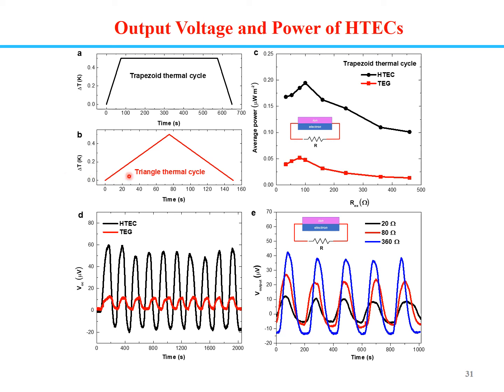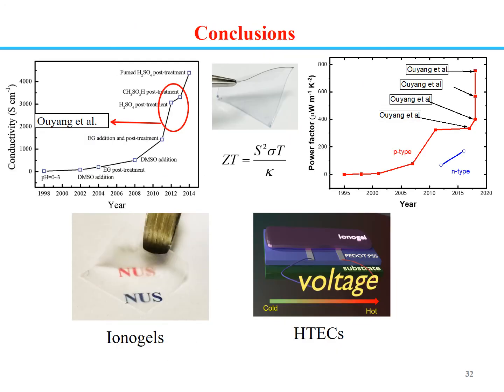If a triangle thermal cycle is applied to HTEC, then we can see this kind of voltage profile. This is different from that of TEG.